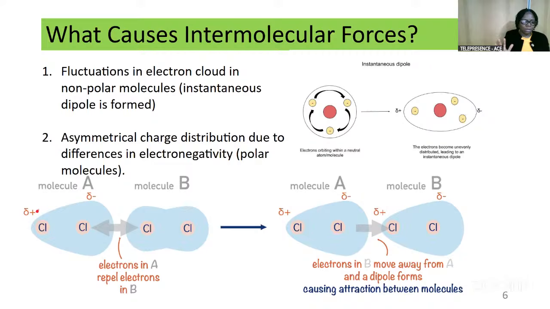You cannot say that it's polar because you have similar atoms there. But when one molecule comes close to another molecule, there occur some changes in the arrangement of the electrons. Don't forget that these electrons are all negatively charged. They are bound to repel one another. But in the course of trying to come close, there will be some rearrangement that leads to redistribution of the electrons such that they can accommodate each other.